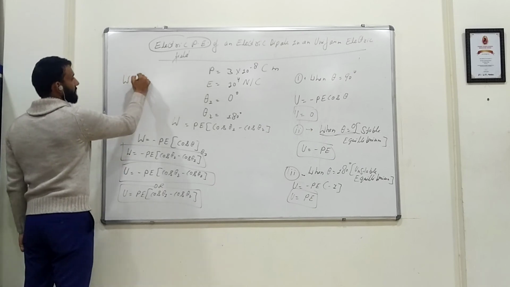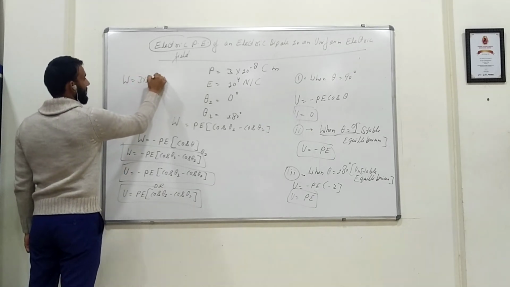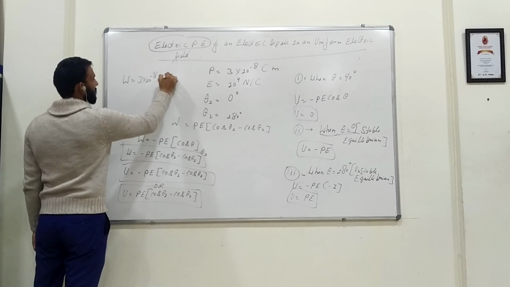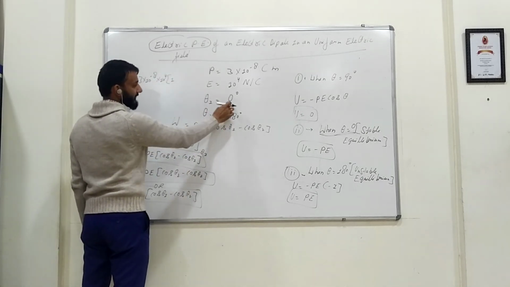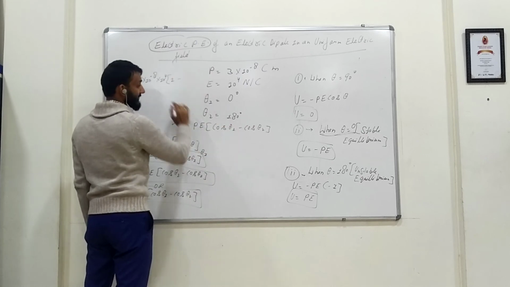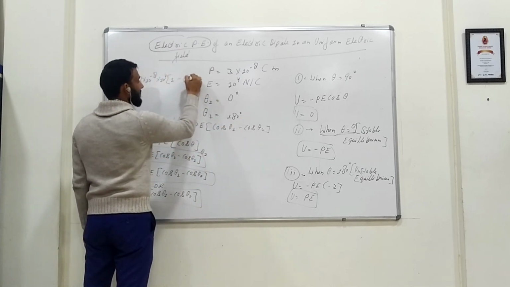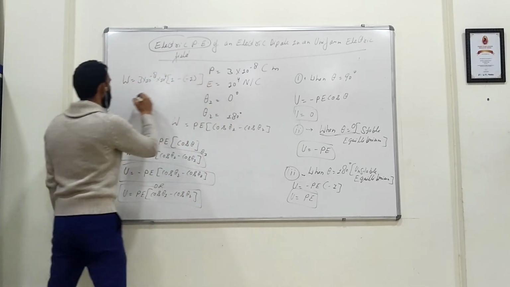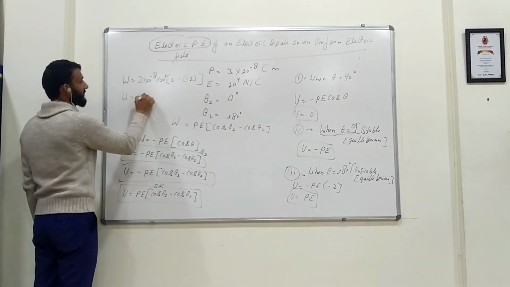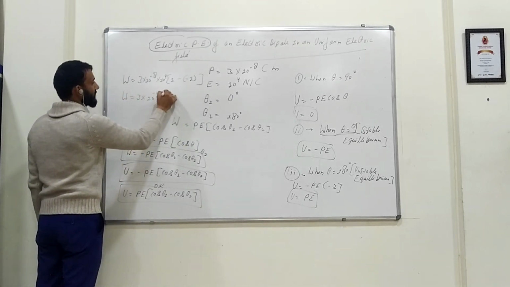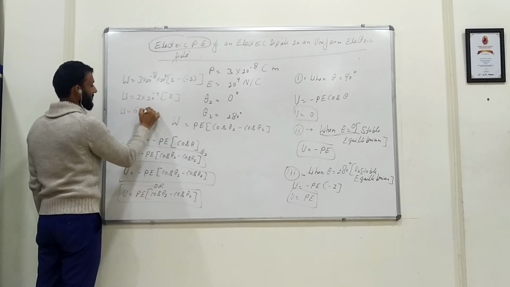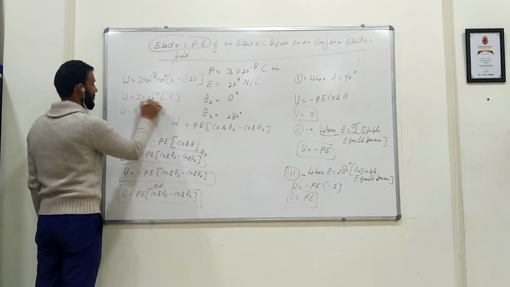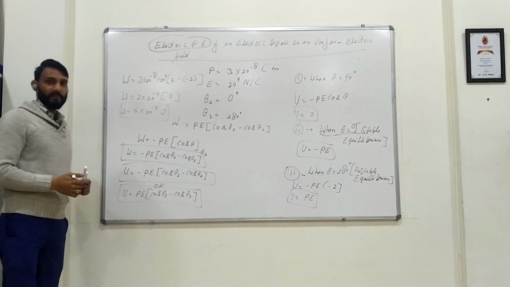W is equal to 3 into 10 to the power minus 8 into 10 to the power 4, then cos theta 1 will be 1 because theta 1 is 0, minus cos 180, which is minus 1. So W is equal to 3 into 10 to the power minus 4, and then this would be 2. So 3 into 2, 6 into 10 to the power minus 4 joule. This will be the amount of work done.